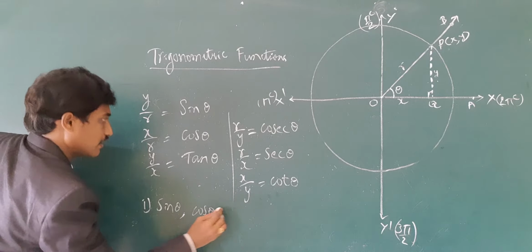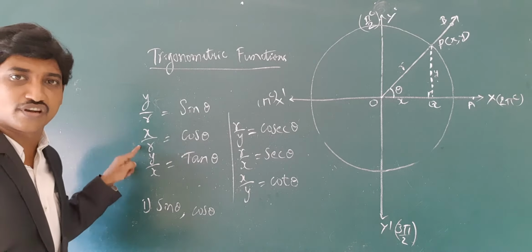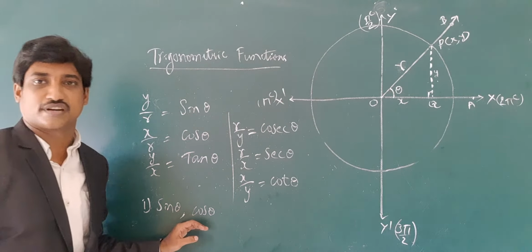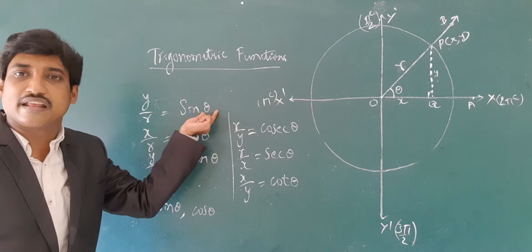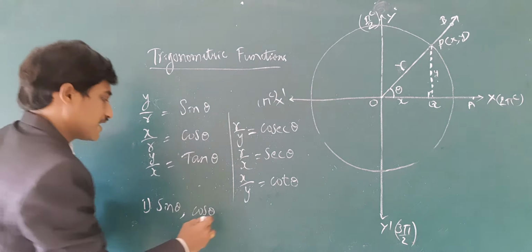As sin theta is y by r and cos theta is x by r, and r is constant for this point P(x, y), sin theta and cos theta are defined for any real value of the angle theta, that is, theta belongs to real numbers R. So the domain of sin theta is R, and the domain of cos theta is R.